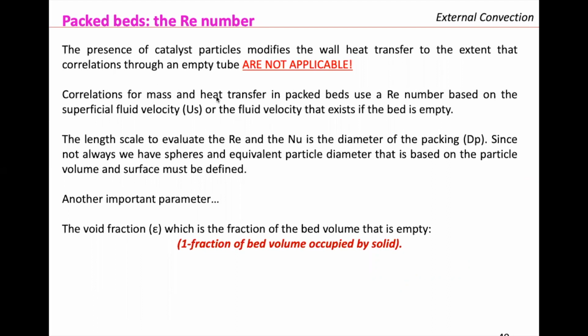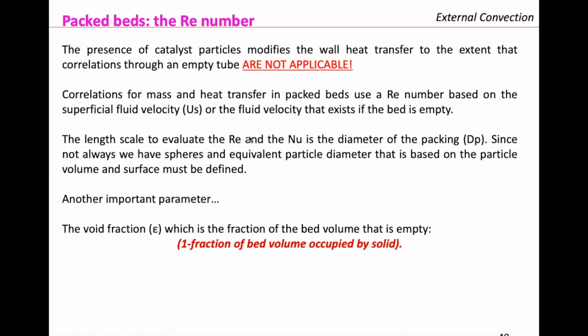Then correlations for mass and heat transfer in packed beds use a Reynolds number based on the superficial velocity. So we are using the superficial velocity here, the fluid velocity that exists if the bed is empty. The length scale to evaluate the Reynolds and the Nusselt now is going to be the diameter of the packing.